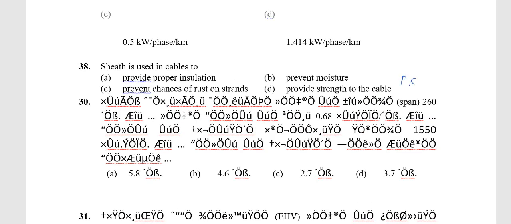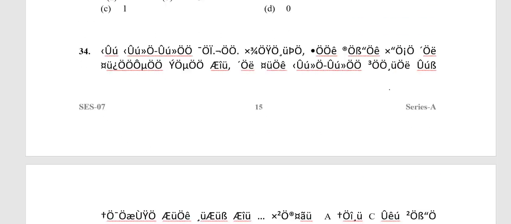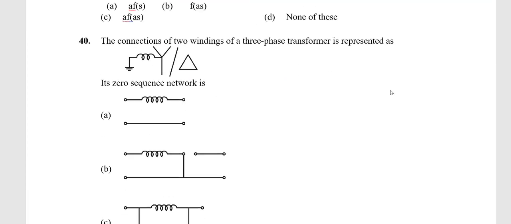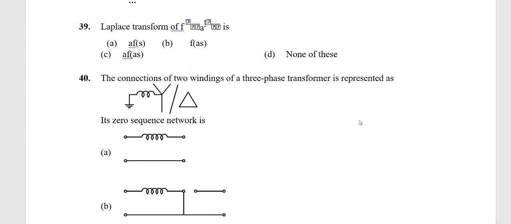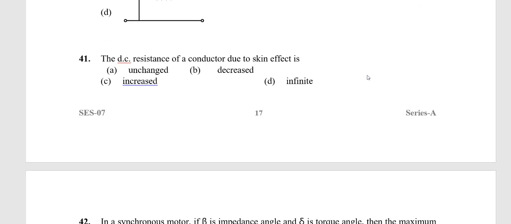Sheath is used in cables to provide proper insulation. So more problems are from measurements and power system. Again power system, Laplace transforms. So Laplace transforms means control systems or signals and systems. Again this is power systems.